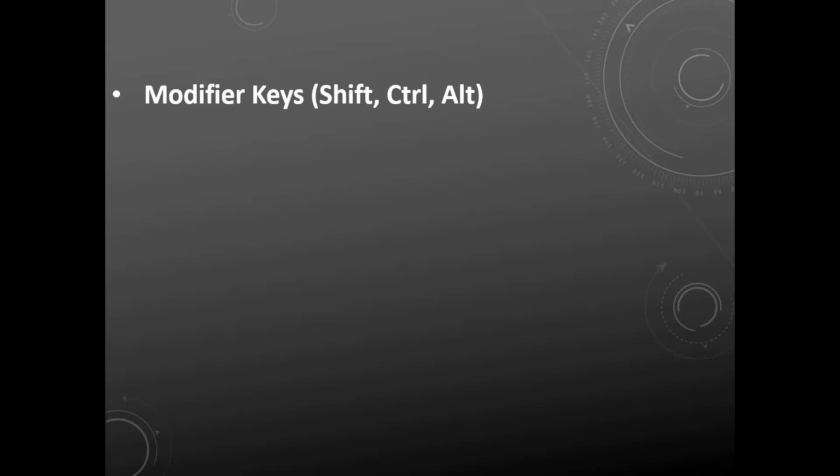And with the Control key, Control N is used for opening a new file, Control O for opening an existing file, Control S for saving the file, Control P for printing the file. Likewise, the Control key and Alt key are used in combination with other keys in order to perform an action.